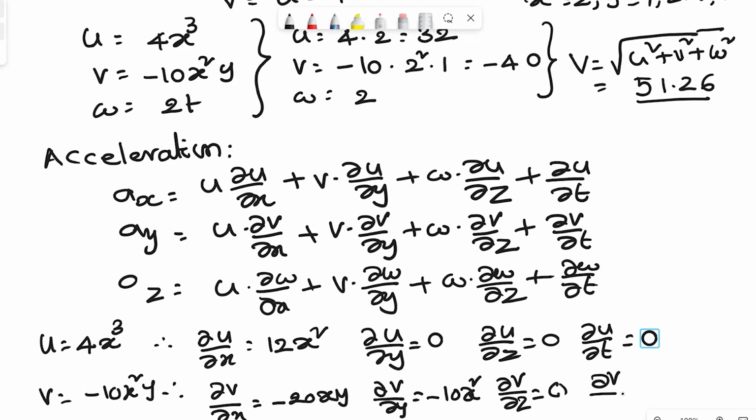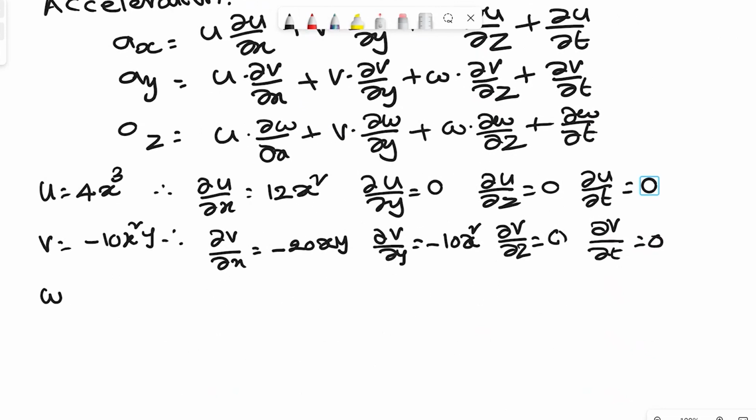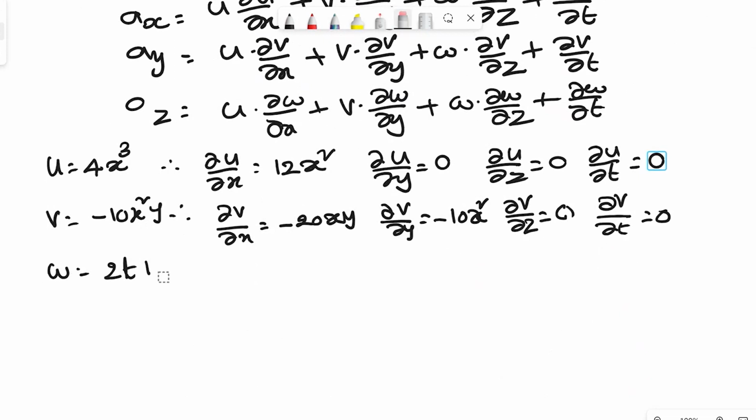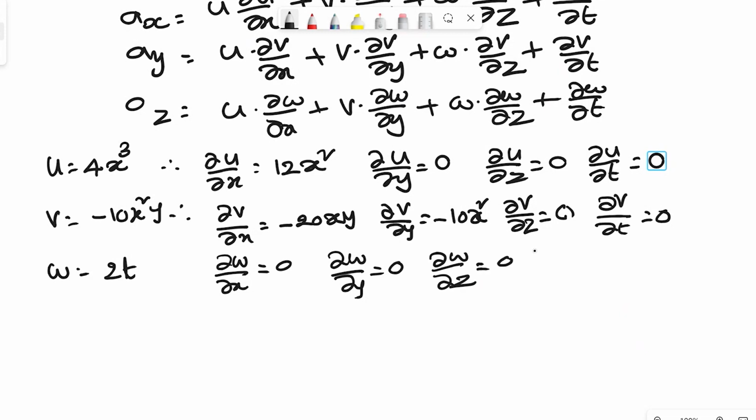Dou v by dou t is equal to 0. w is equal to 2t. Therefore, dou w by dou x is equal to 0, dou w by dou y is equal to 0, dou w by dou z is equal to 0, and dou w by dou t is equal to 2. So these are the calculations.